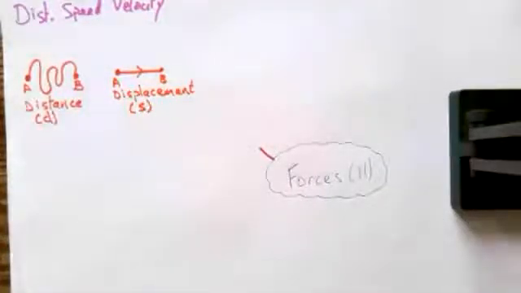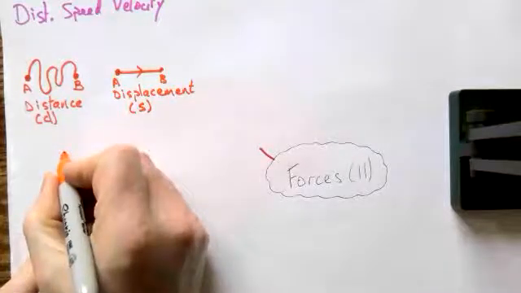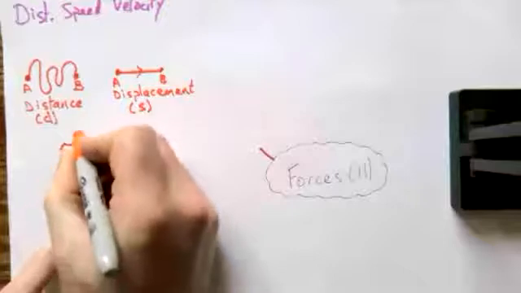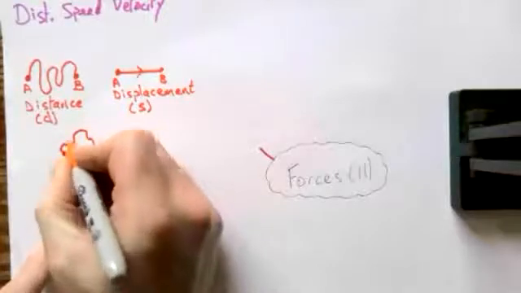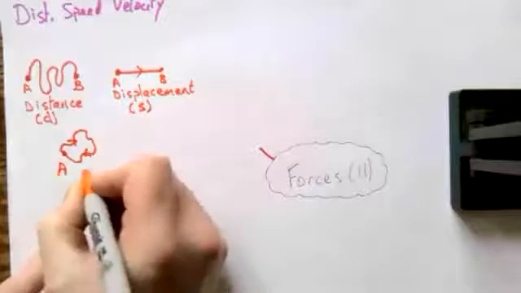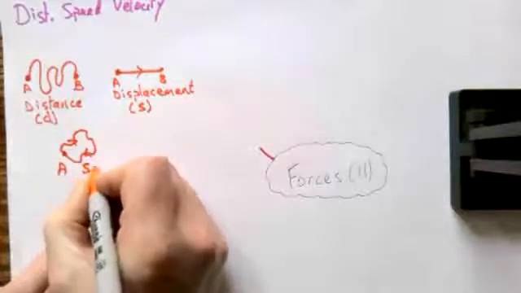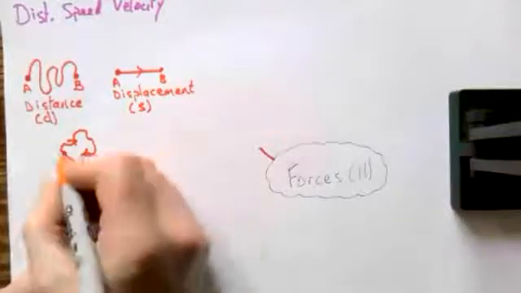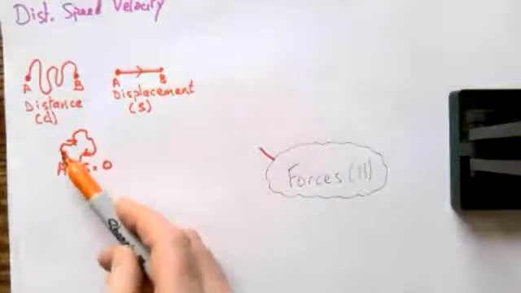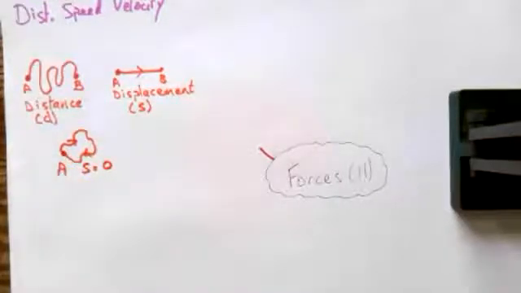One other thing on this is that if we have a journey that starts at point A and takes that route and ends up coming back to the original point, then in that case, we have the displacement is equal to 0, because the distance in a straight line from the start to the end point is 0, because the start and the end point are exactly the same. So therefore, it is 0.